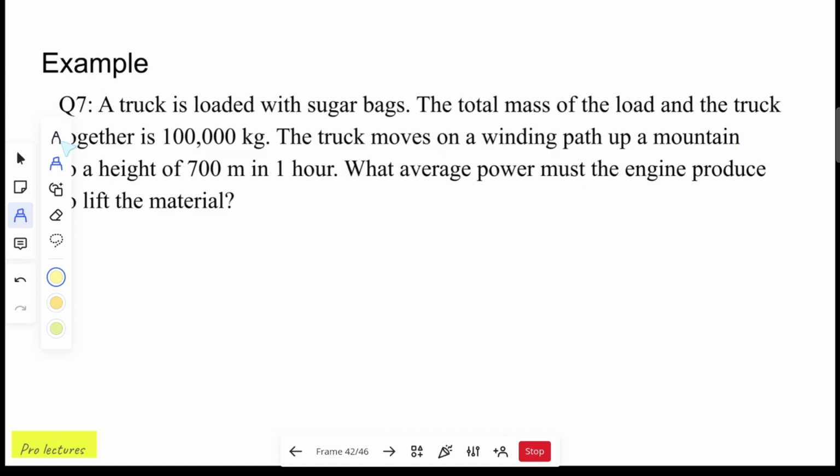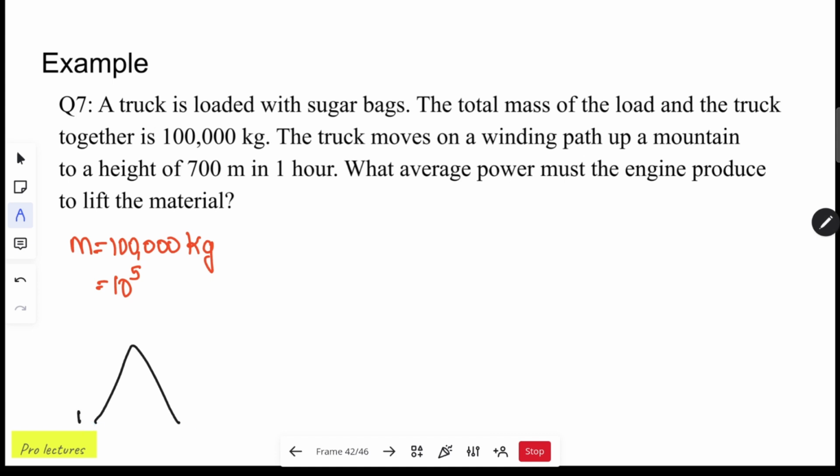Now let us see an example. A truck is loaded with sugar bags. The total mass of the load and the truck together is 100,000 kg, 10 to the power 5. The truck moves on a winding path up a mountain, to a height h.